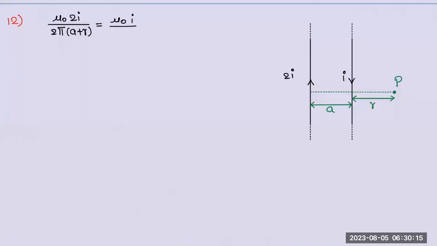Mu naught I by 2 pi R. Then mu naught by 2 pi gets cancelled, I gets cancelled. Cross multiplication will give you 2R is equal to A plus R. That implies R is equal to A. What is the answer given? Yeah, that's it.